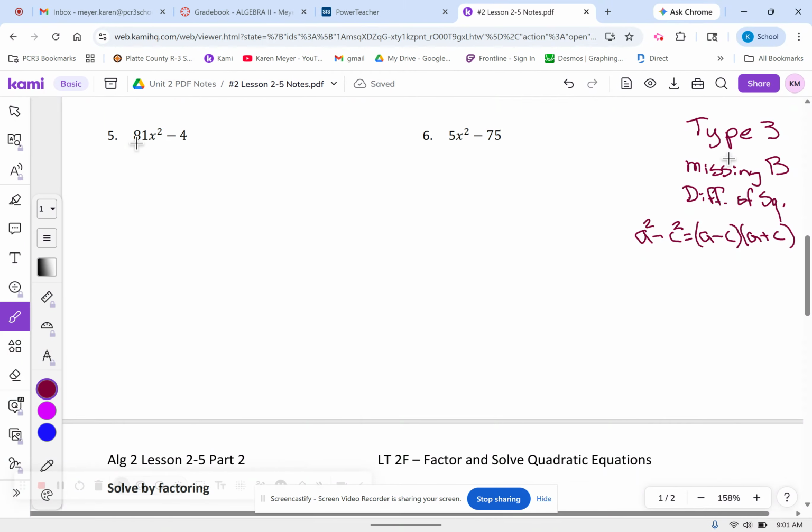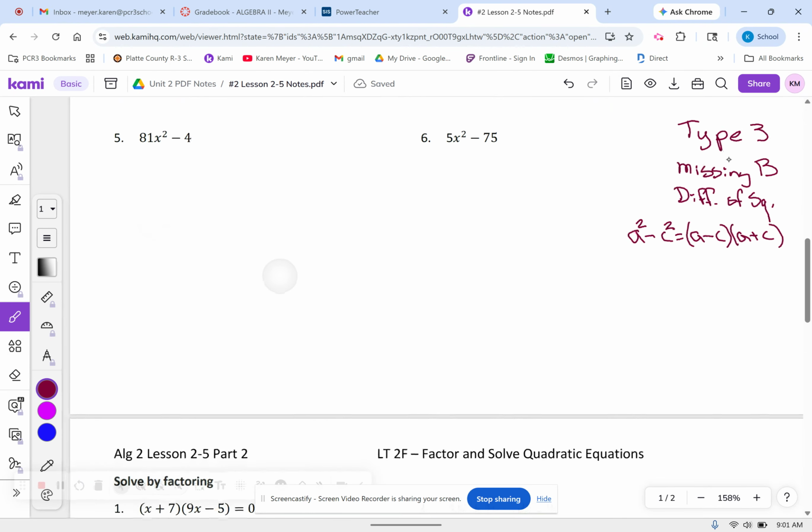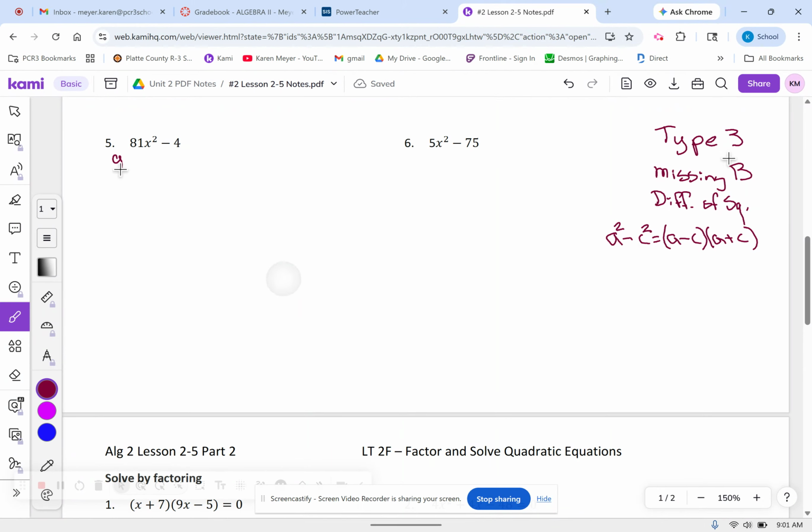And you would say, oh, well, that would be 9 times 9. And then because you have an x squared, then you want to think of it really as like 9x times 9x. And then what times itself makes 4? Because you notice here it says c and c. So then you would say 2 times 2.